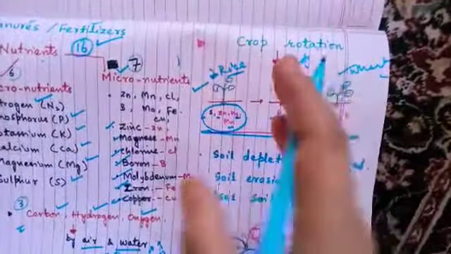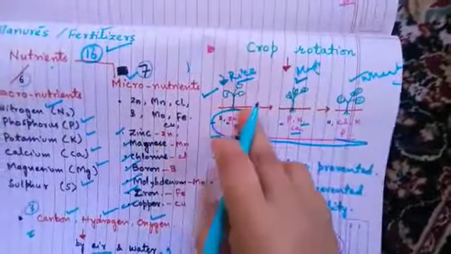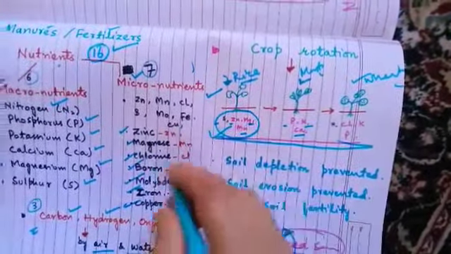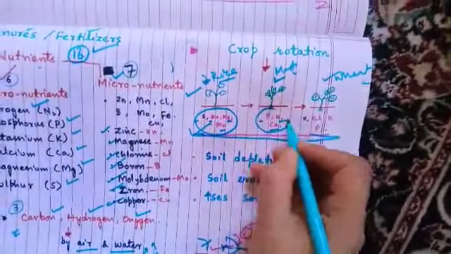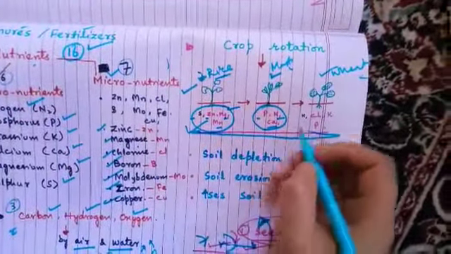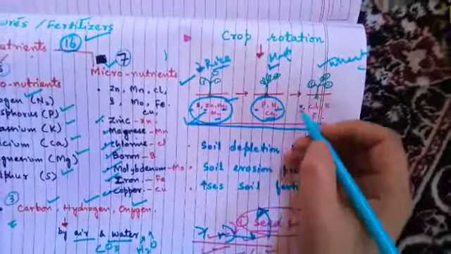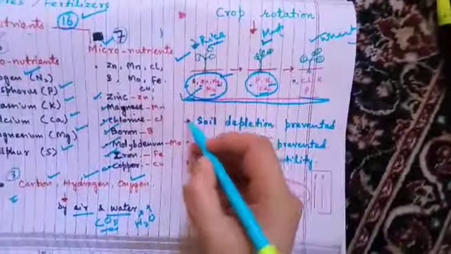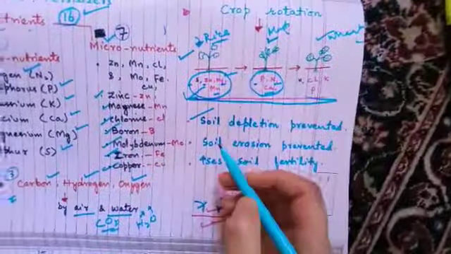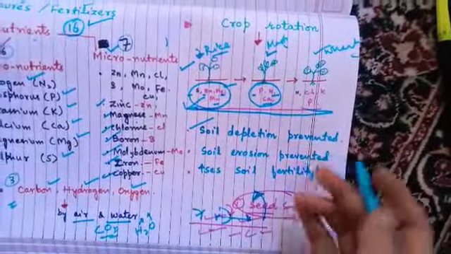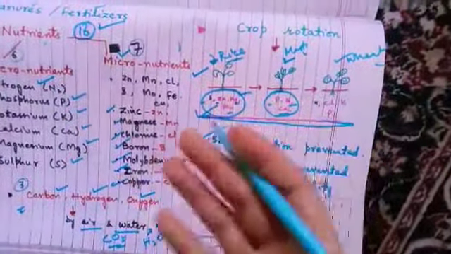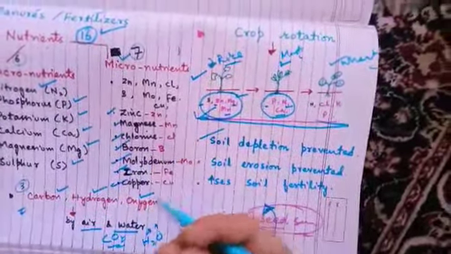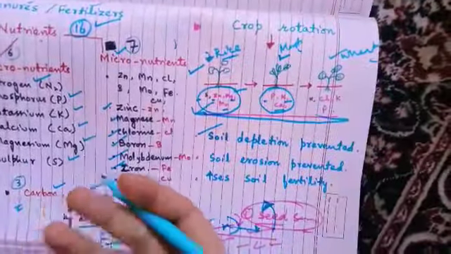If we grew rice again, these would be exploited much more. Now when we grow a different crop, these remain in the soil, and the soil will be enriched. Soil depletion is prevented when we do crop rotation, and soil erosion is prevented when fields are not left without crops. There are dangers of soil erosion.